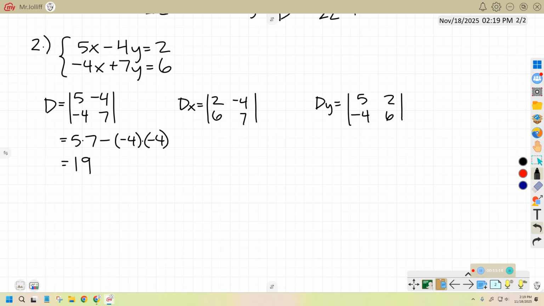All right, Gabe. How do I find the determinant for dx? Very good. 2 times 7 is 14. 14, and that's going to be plus 24 is 38. 35. Pretty sure it's 38 because it was 4 and 4. So yeah, 38.